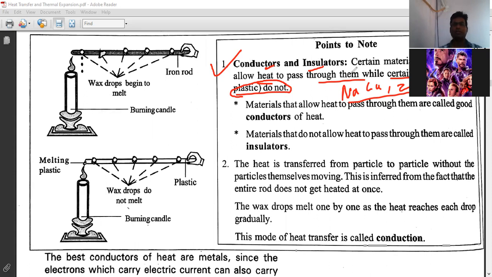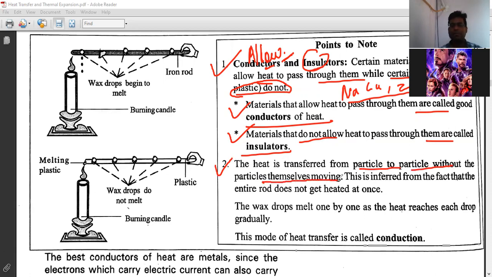A material that doesn't allow heat to pass is called an insulator, and one which allows it is called a conductor. So these are the types of material. Materials that allow heat to pass through them are called good conductors of heat. Materials that do not allow heat to pass through them are called insulators.